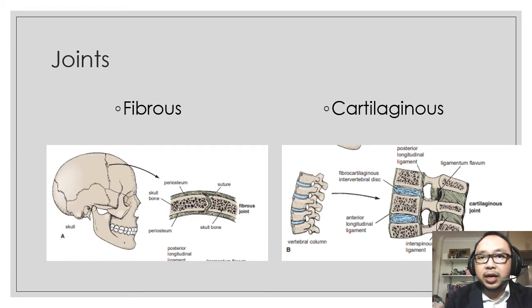A secondary cartilaginous joint is also united by fibrocartilage but connected to an articular surface of bone. Examples of secondary cartilaginous joints would be your vertebral bodies and the symphysis pubis.